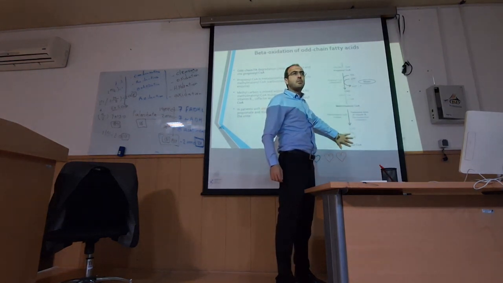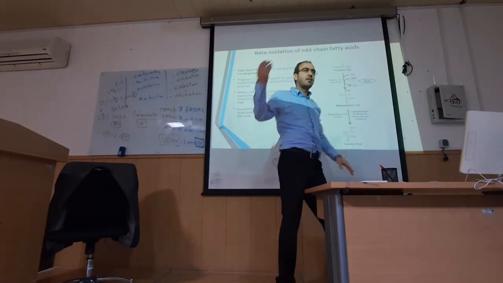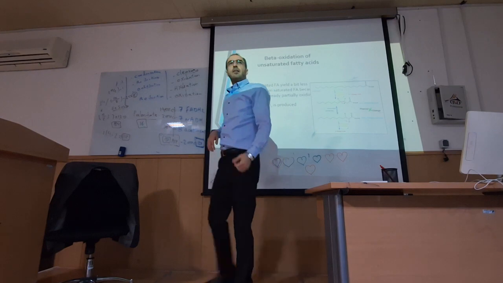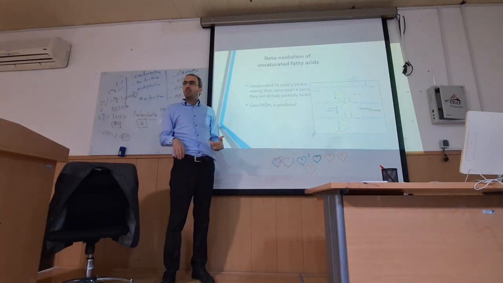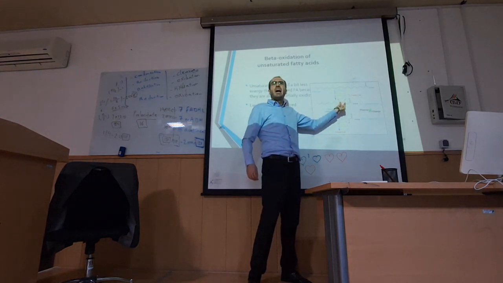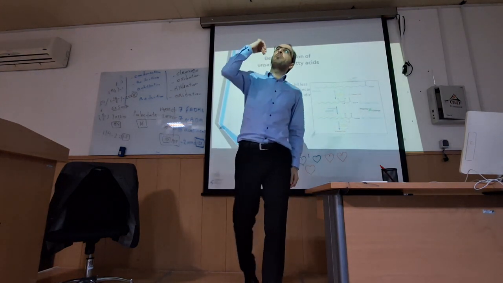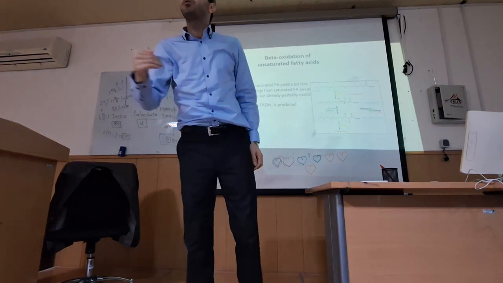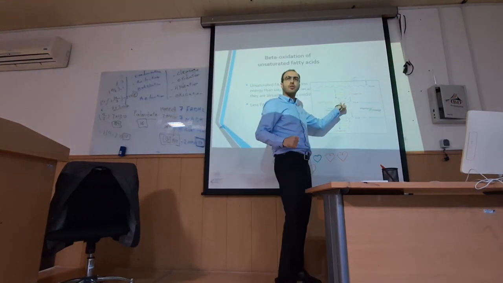By these 2 enzymes, they are so important: propionyl CoA carboxylase and methyl malonyl CoA mutase are related to odd chain. Related to unsaturated, because for unsaturated, as the Korad says, we have a double bond here. At the first step of beta oxidation, by production of 1 FADH, we create this double bond.